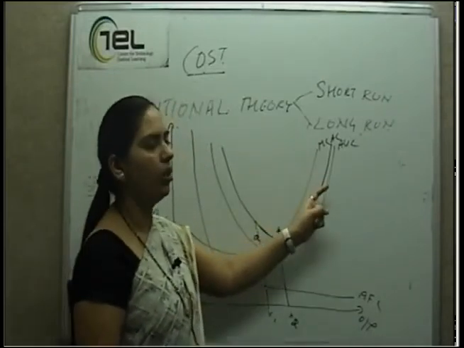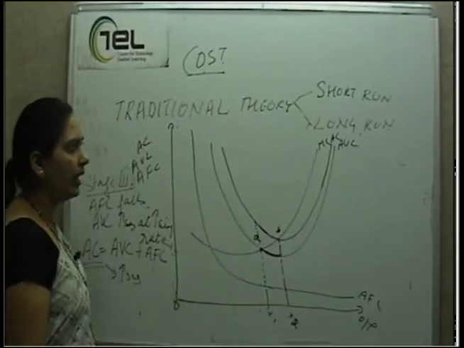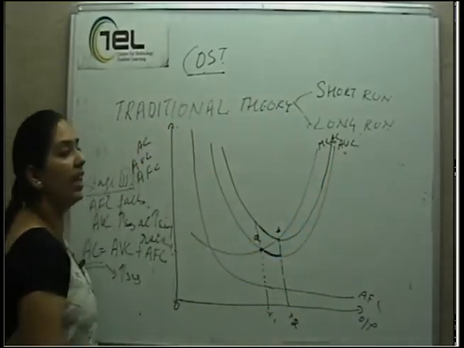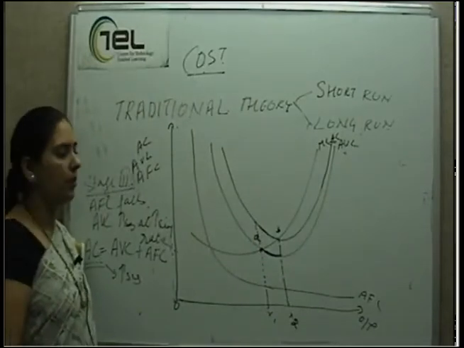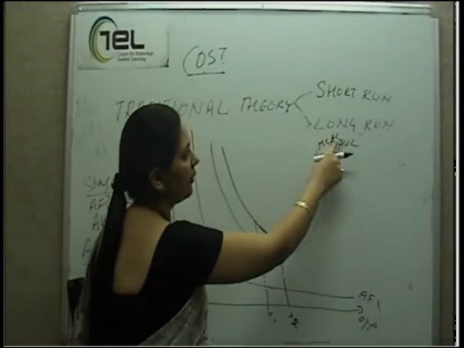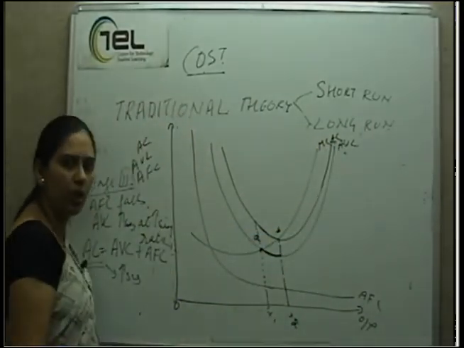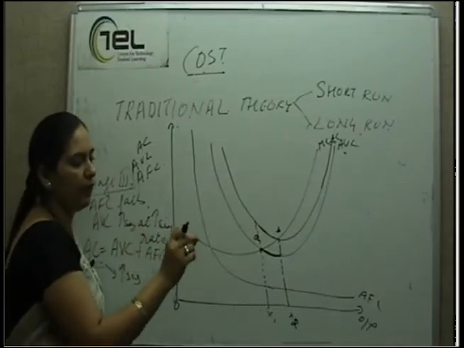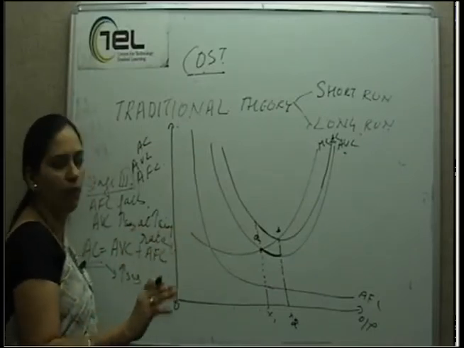But again, AC and AVC would never touch each other because my AFC is never 0. So average cost will never be equal to average variable cost. Rather, they will come very, very close to each other since average fixed cost keeps on falling.